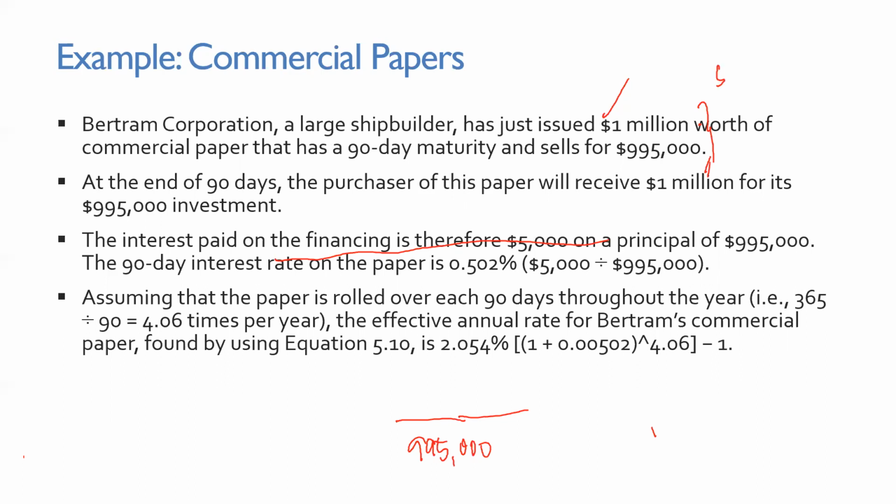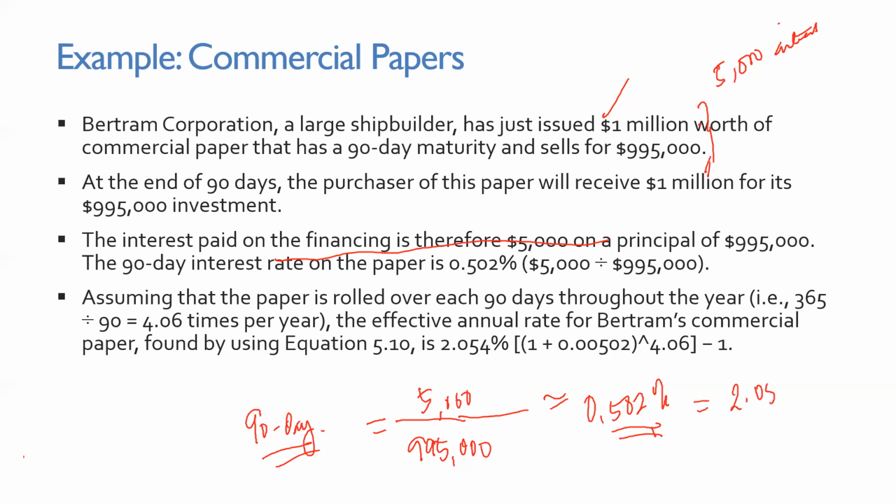So in effect, there's a 5,000 interest. So therefore, the 90-day loan costs you 0.502%. Okay, you can try to annualize that. When you annualize that, using the formula, it becomes 2.054%.